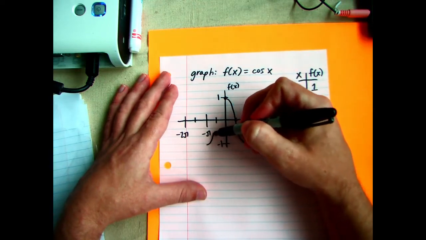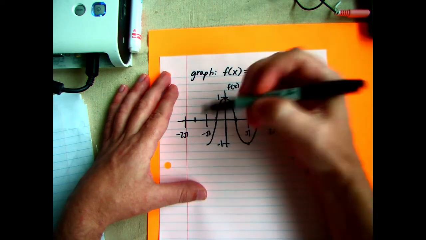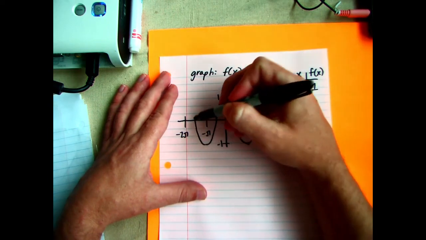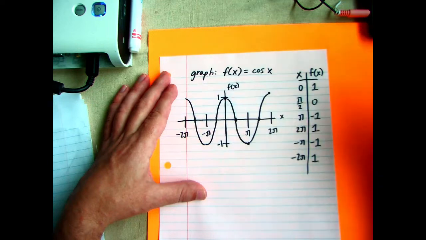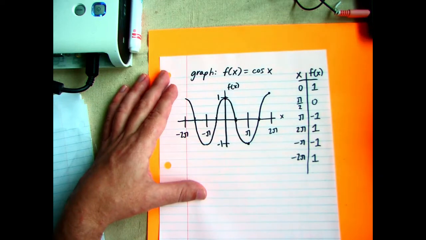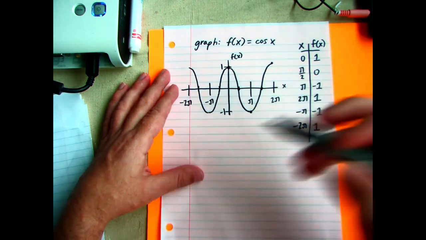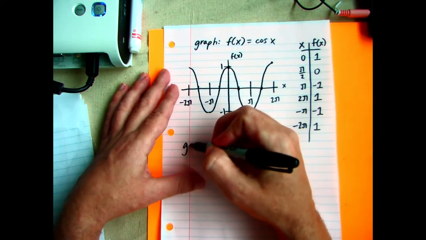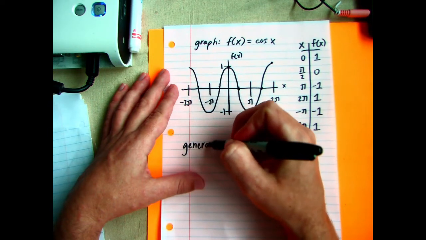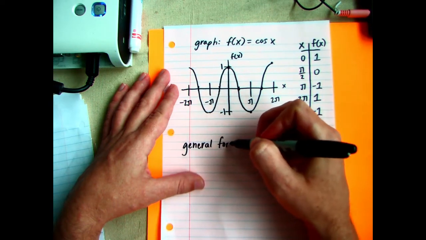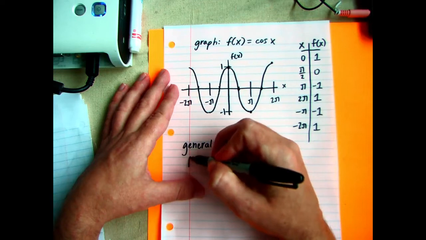It's going to be wave-like. So it does look very much like the sine graph, just a matter of where it's located on the axes. So take a look at that. With our sine graph, we started in the center, 0, 0. But with this cosine graph, the point is 0, 1.